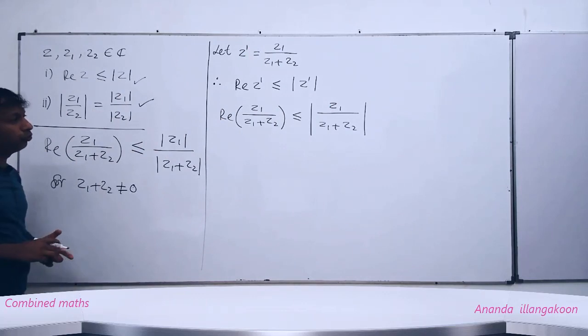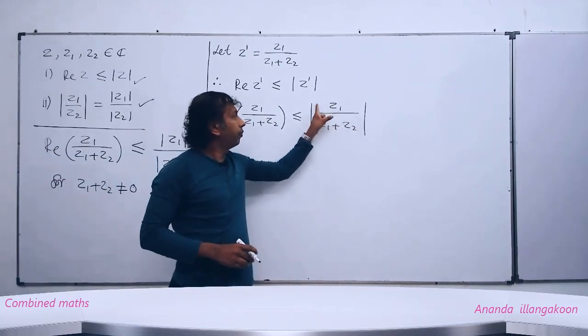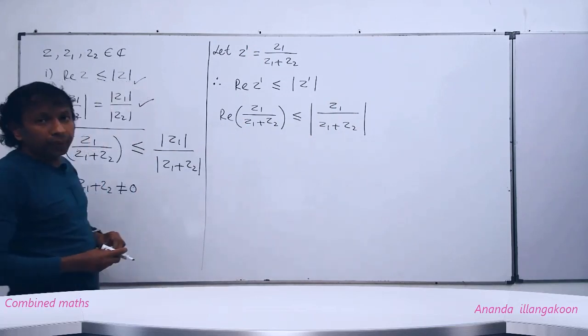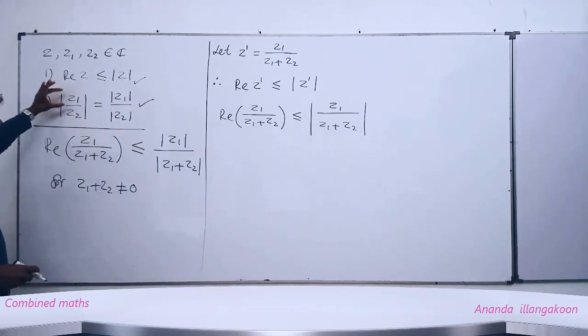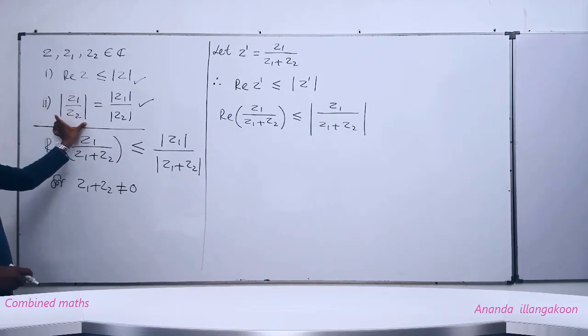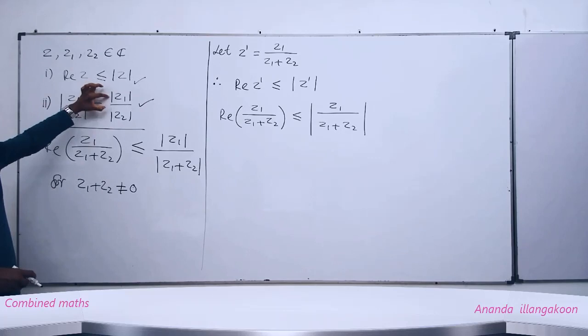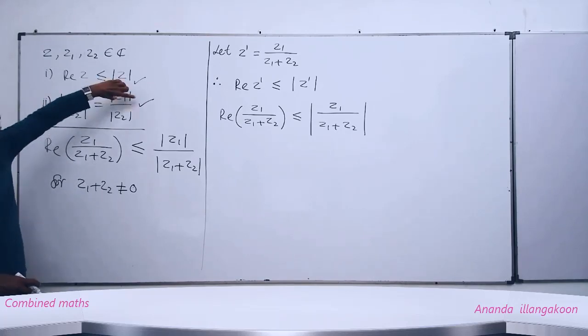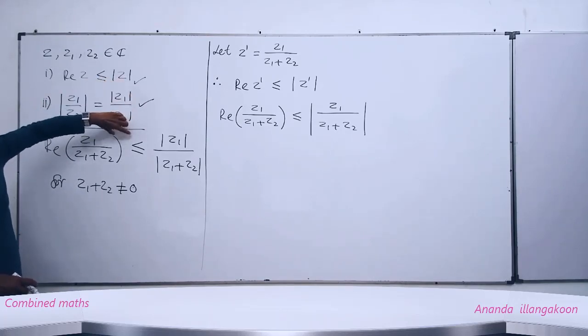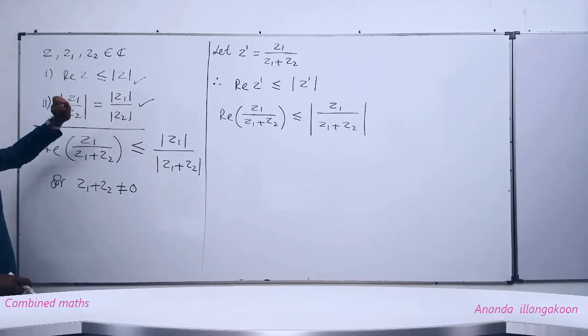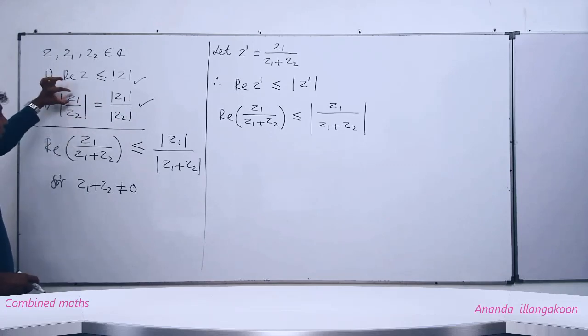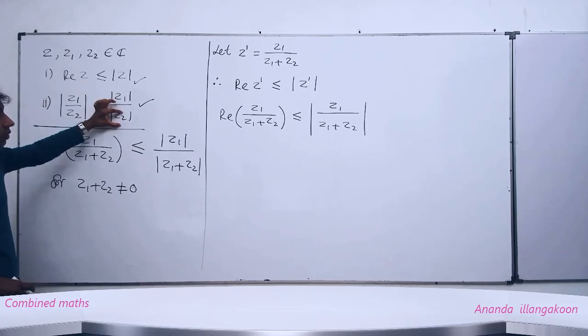Now people, for this, okay, I can apply this result here. For the division of two complex numbers, the modulus is equal to the division of the modulus values of the complex numbers. That means, people, Z1 divided by Z2 modulus, this modulus we can apply for the numerator and denominator like this.